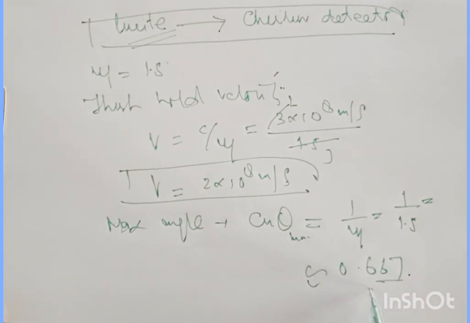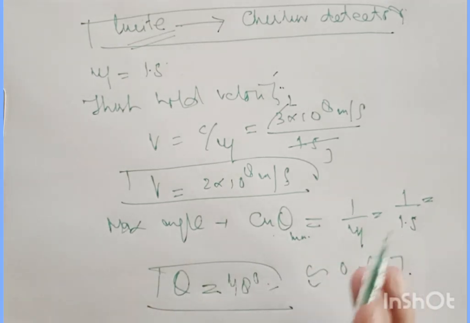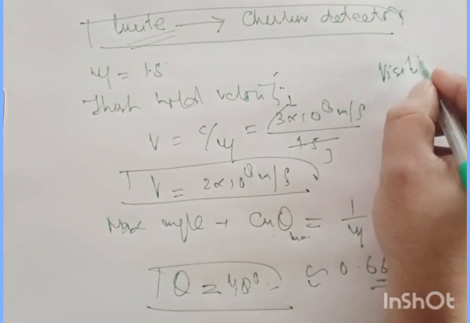For this, the corresponding value of theta can be found to be approximately 48 degrees. So what we calculated here is theta max and the threshold velocity. Now, suppose that all the Cherenkov radiations emitted in this case lie in the visible range.